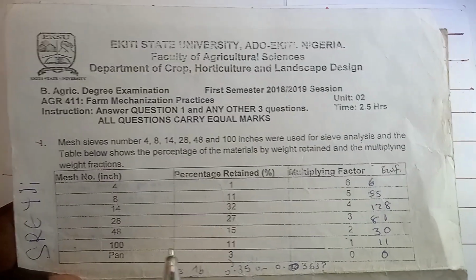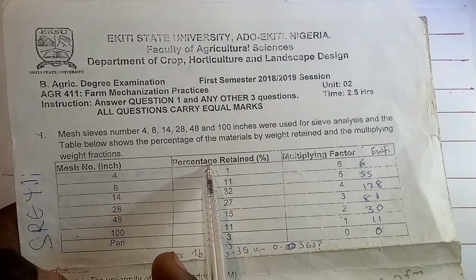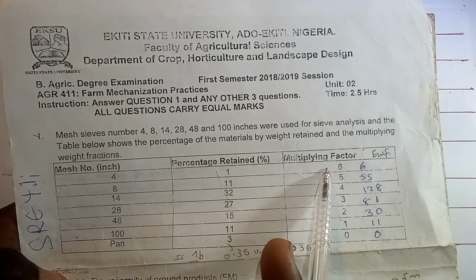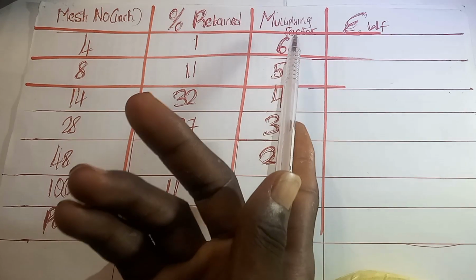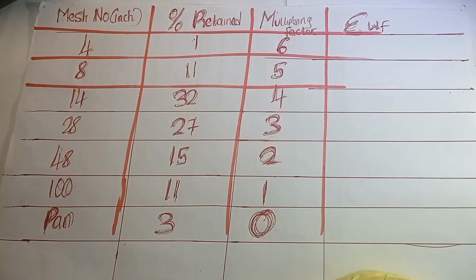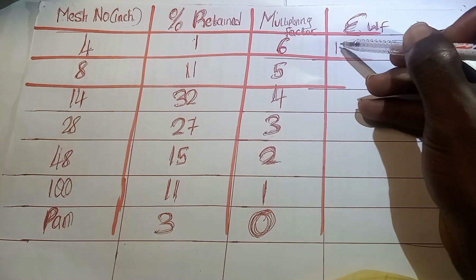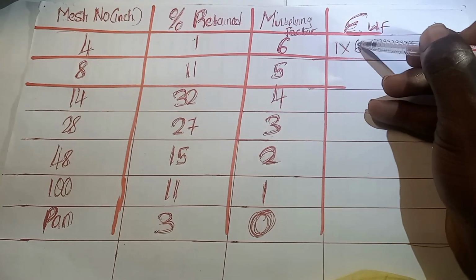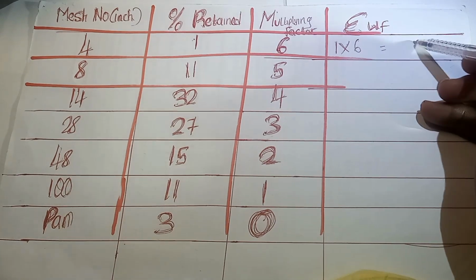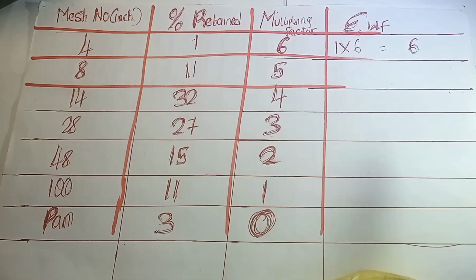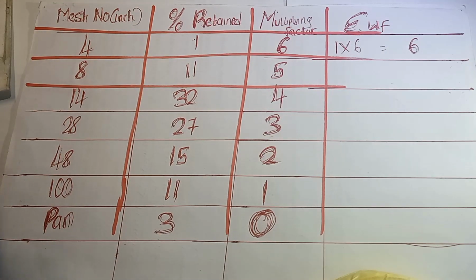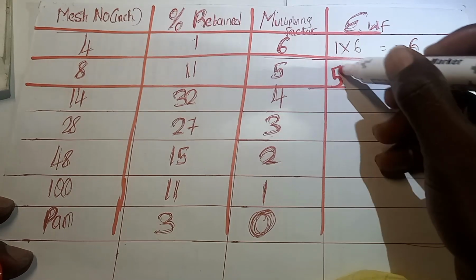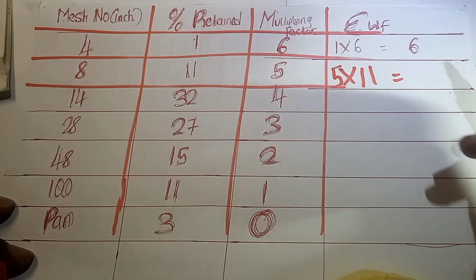So how do you get the sum of the weight? You multiply the percentage retained by the multiplying factor of each mesh. The percentage retained is 1, and the multiplying factor is 6. So 1 multiplied by 6 will give me 6. So the weight by fraction of mesh 4 is 6. For the subsequent meshes, that's how you are going to do it. 5 multiplied by 11 will give me 55.